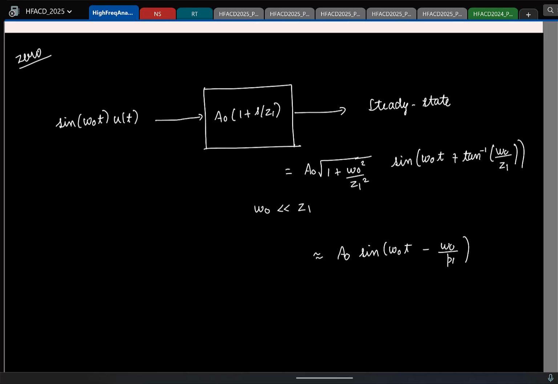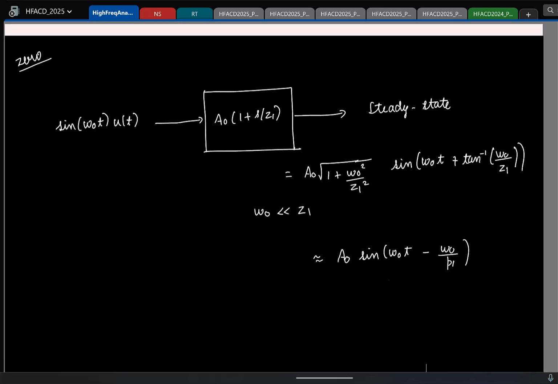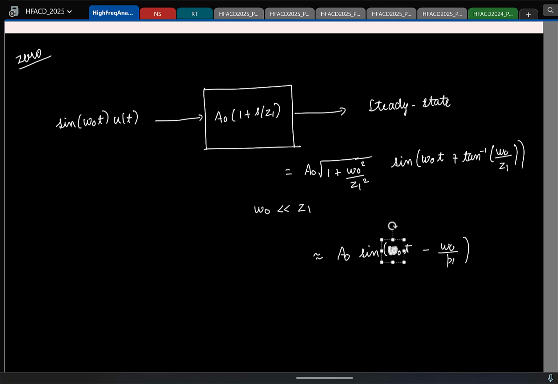So how will this modify? If omega naught is much smaller than z1, the phase is plus omega naught by z1. So this is a0 times sine of omega naught times t plus 1 by z1.